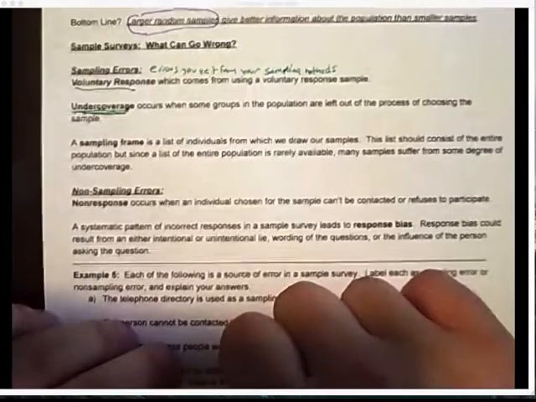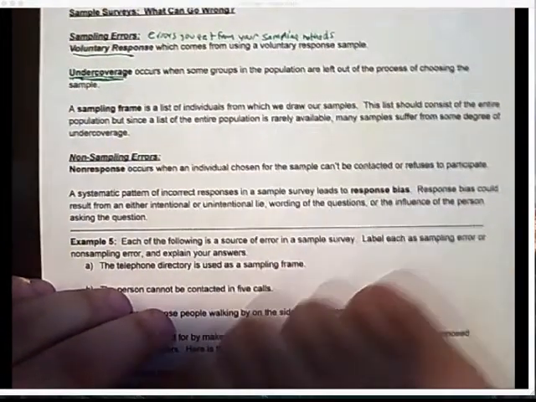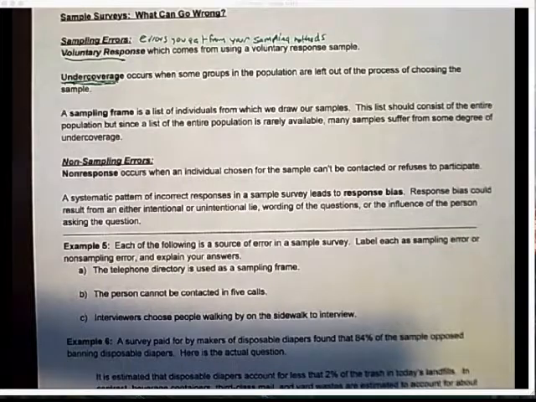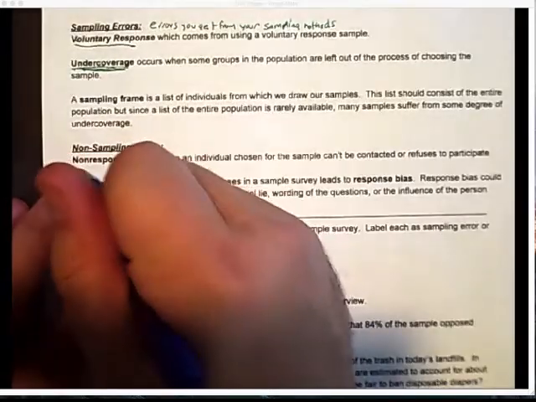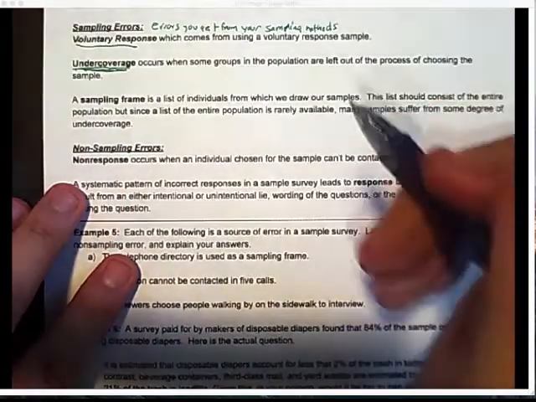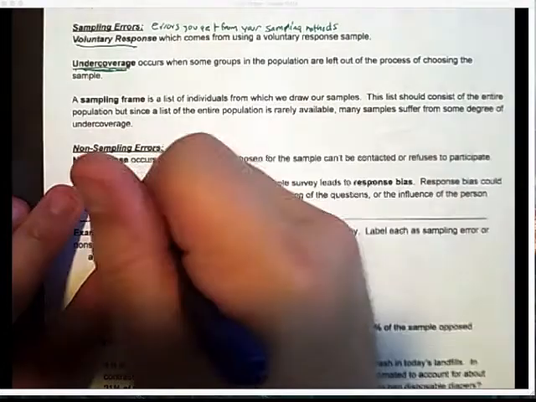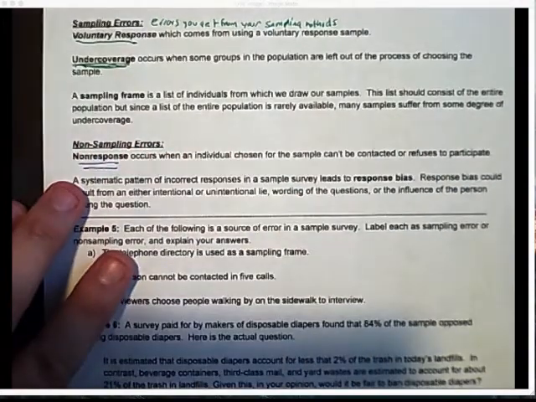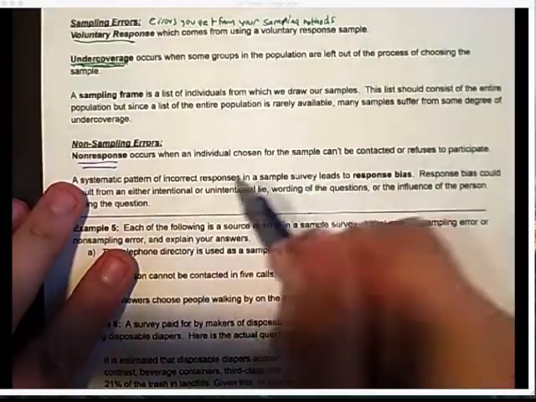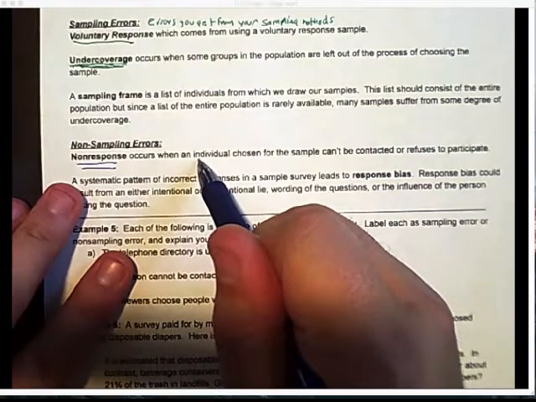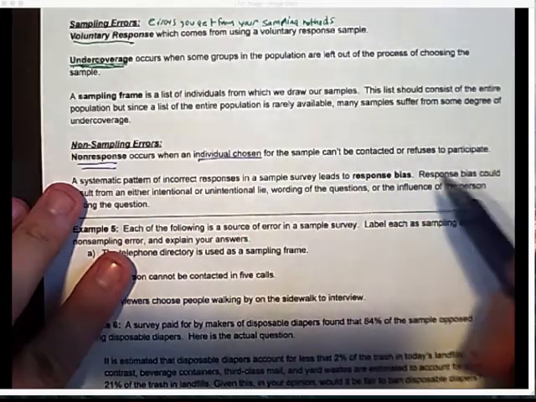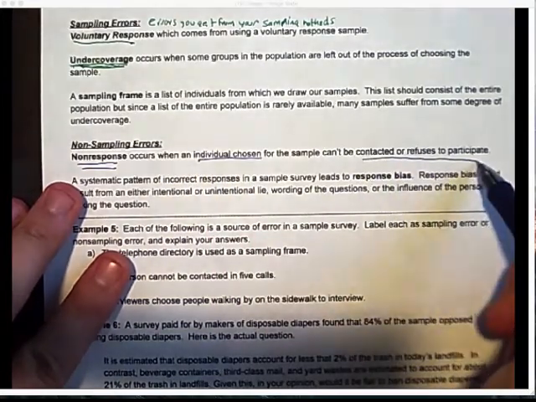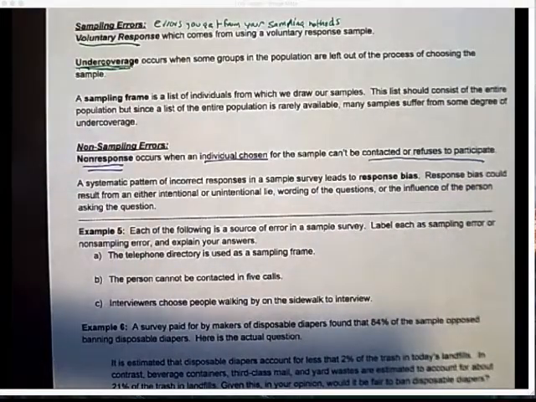Now there are other types of errors that aren't associated with how you sample. Maybe your sample was really good. You still could have other types of errors. So non-sampling errors are errors that don't come from your sampling method. Non-response error: we choose somebody, but they can't be contacted or they don't want to participate in our sample.